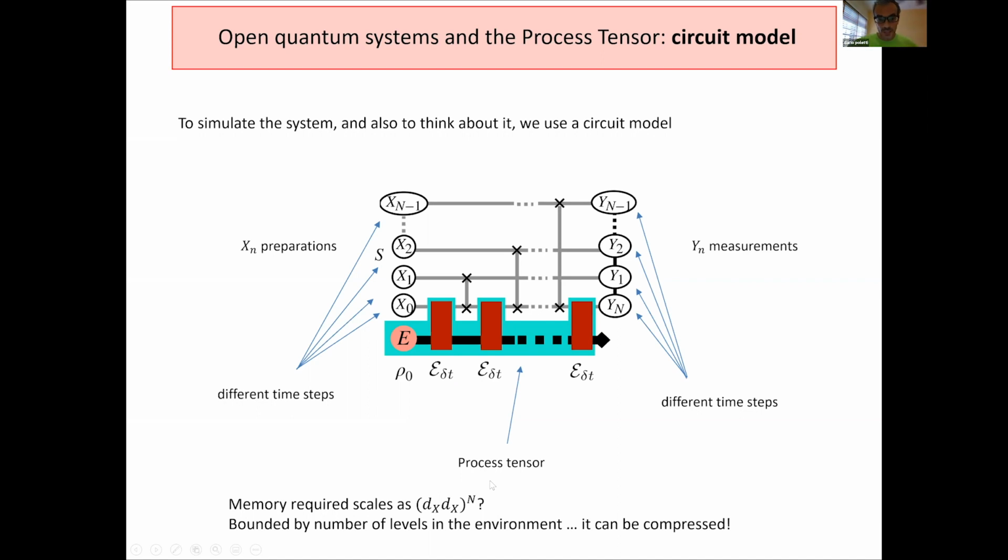But in reality, the whole memory that you need is what goes through this thick bond here, this auxiliary dimension. And this is mainly bounded by two things. One is the number of spins that you have in your environment. So if the environment is given by only like 5 spins, this will not be more than 2 to the 10 in dimension, so 2 to the 5 squared because these are density matrices.